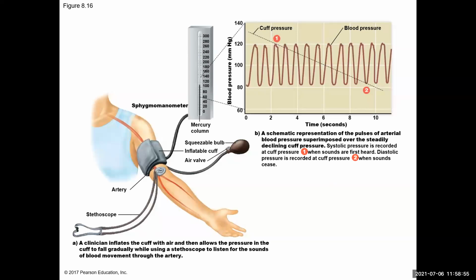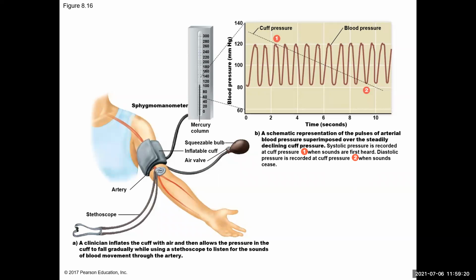Okay, and so basically what you do is you put on the sphygmomanometer and you inflate it, and you want the cuff pressure to be slightly higher than what the blood pressure would be, which would prevent the blood from flowing through the vessels, right? And so then you listen for a ticking sound in the stethoscope.